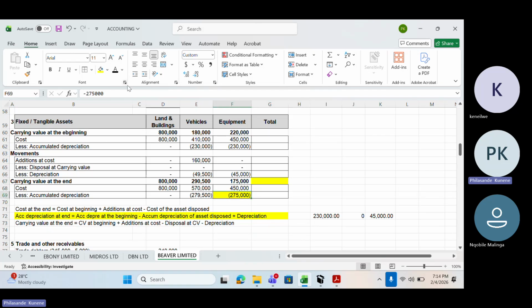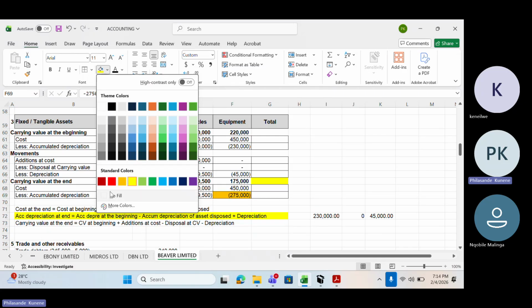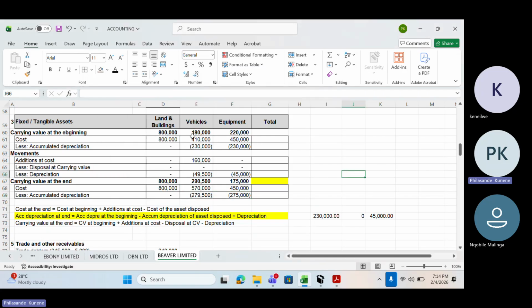Then it's a matter of getting the totals, and this carrying value that will be here is the one that will go to the balance sheet. So if I take this total here, I'm going to have 1,200,000. Then I add all of this, and here again I'm getting my total, which is 160,000.